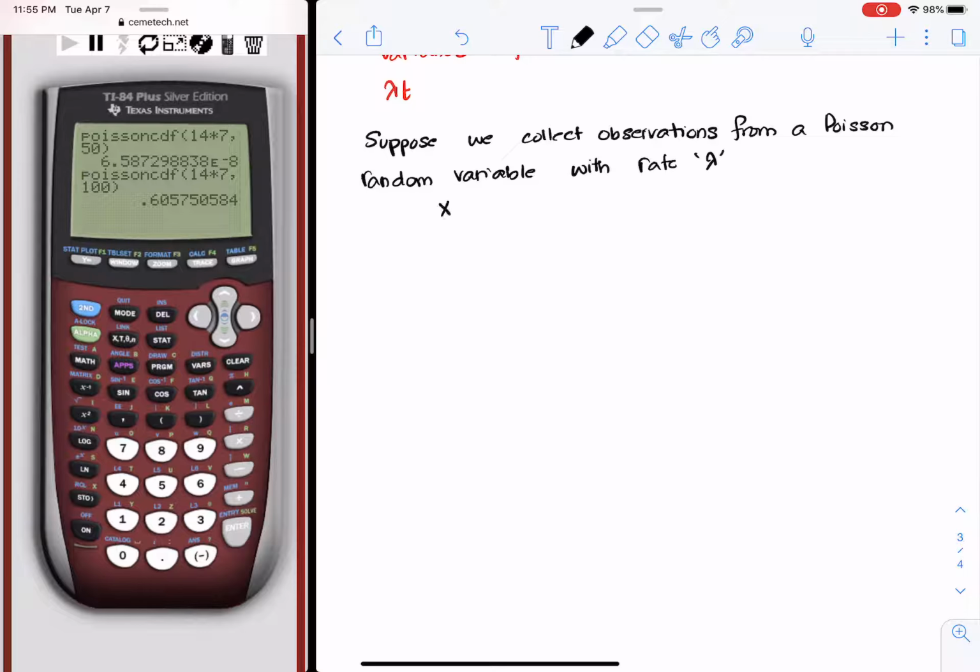And let's say the observations are x1, x2, x3, all the way up to xn.